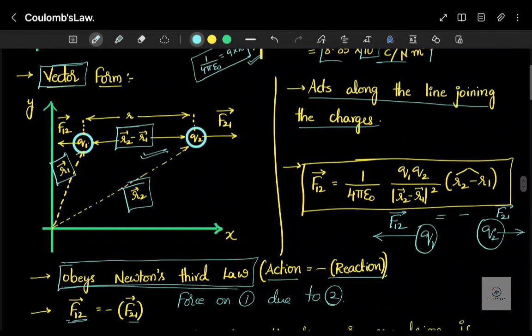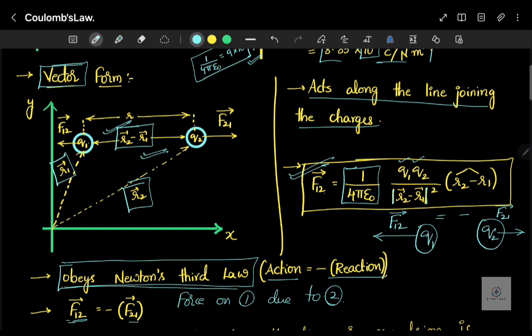Okay. And what is that vector form, my dear? You can remember this formula. That is simple. Just as we wrote in case of the first one, that is electrostatic force. F is equal to 1 by 4 pi epsilon naught Q1 Q2 by, instead of R square only, what is that R actually? R2 vector minus R1 vector. Its magnitude we have to take, that is modulus of R2 minus R1 whole square.